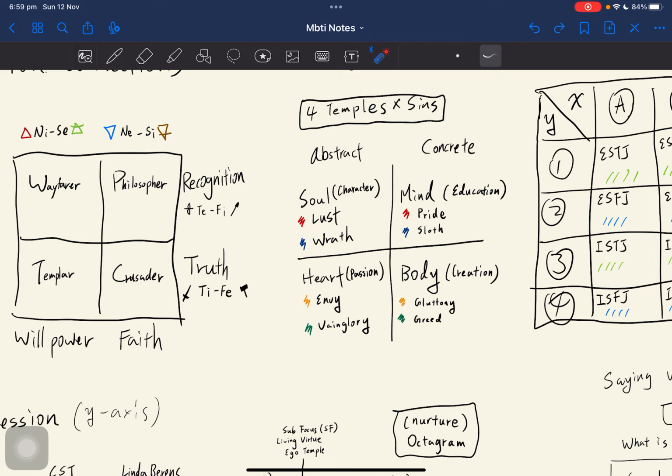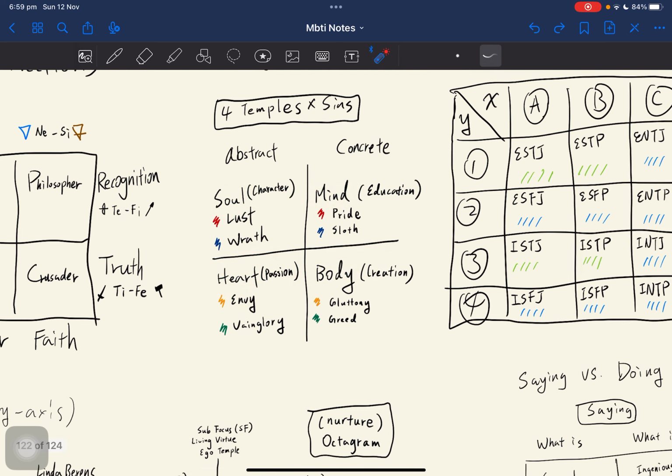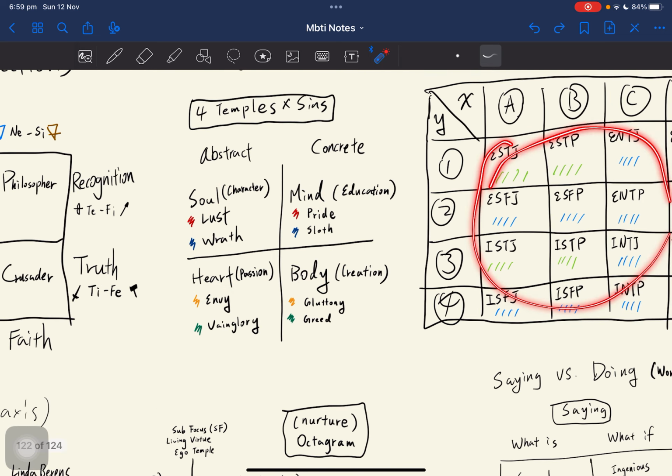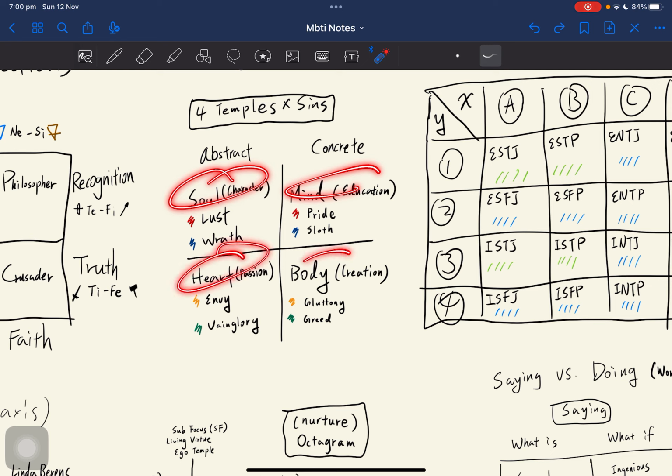In particular, there are 4 different major temples, and each one of the 16 types belongs to these 4 temples. So where does each one belong?